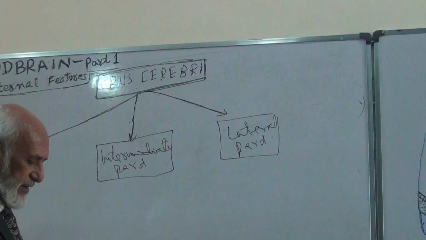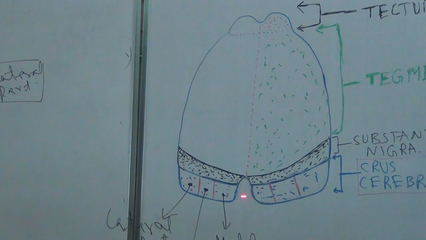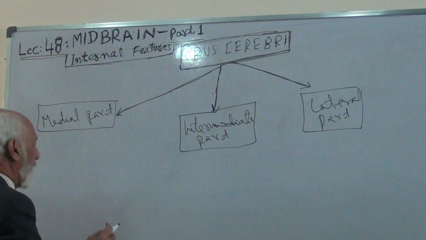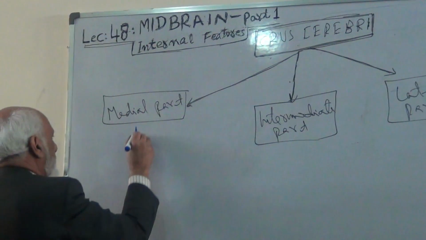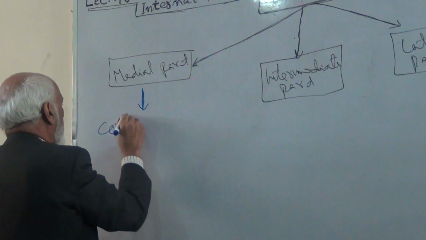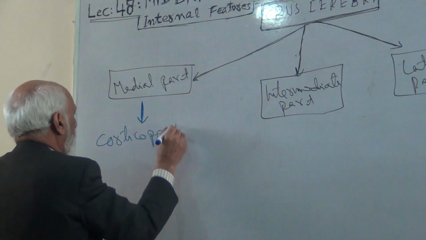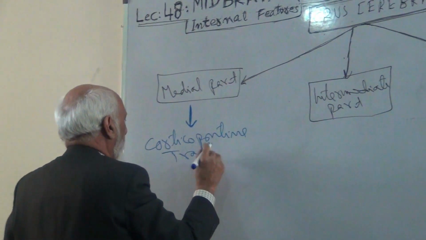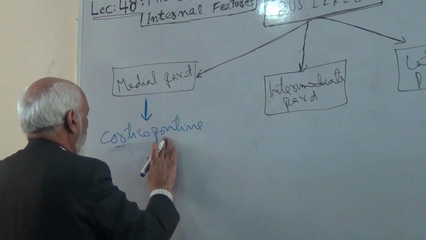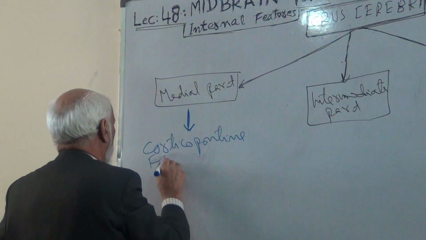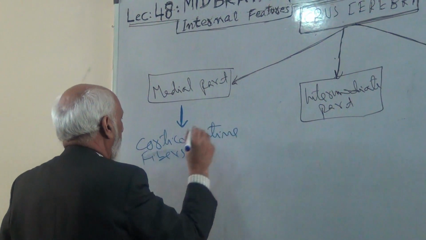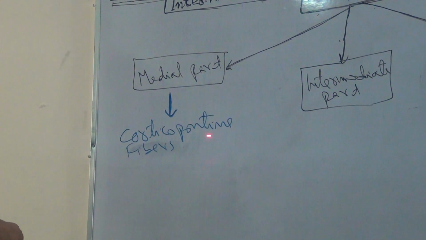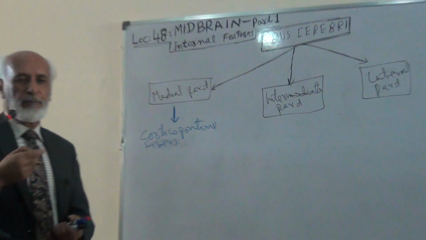Now, what are the descending tracts descending through the medial part of the crus cerebri? These are corticopontine tracts. Corticopontine means they arise from the cerebral cortex and terminate in the pontine nuclei.